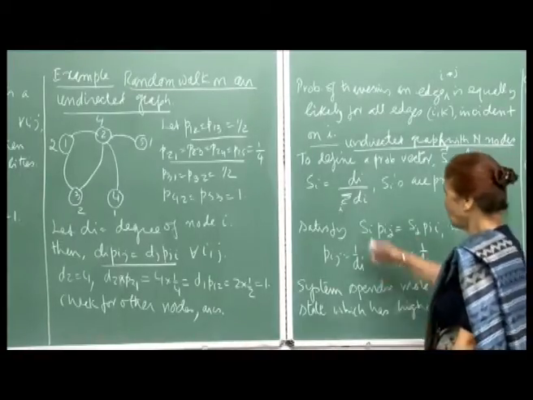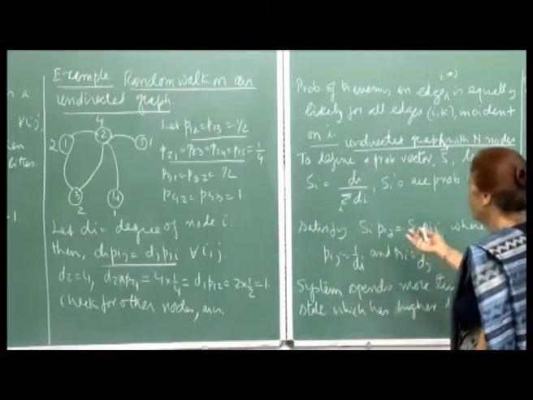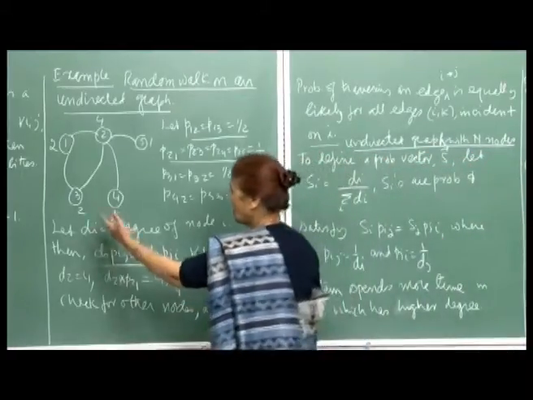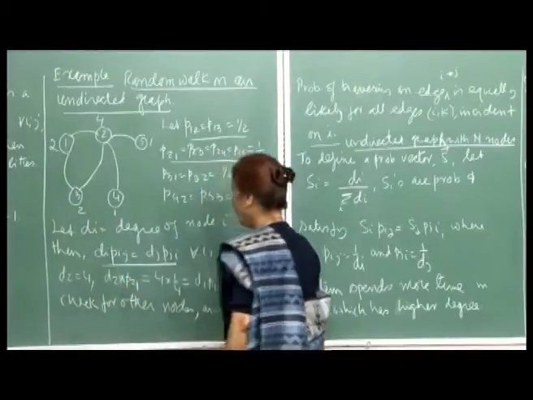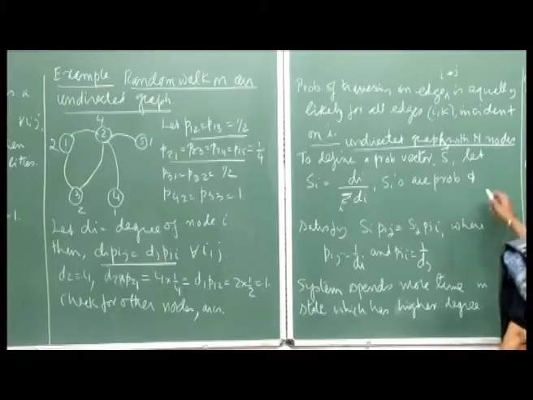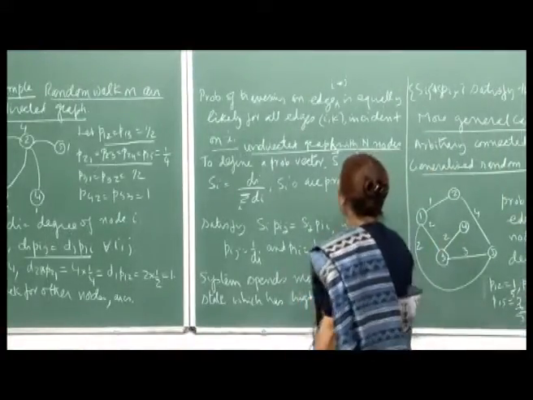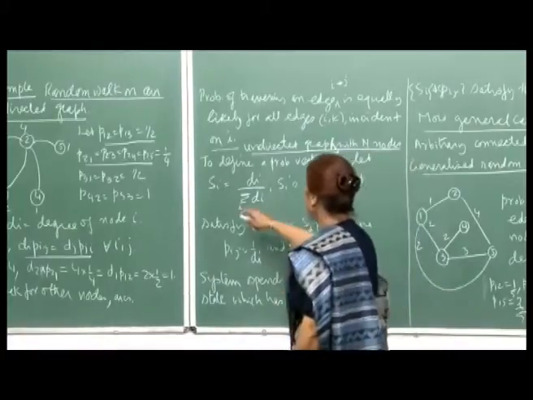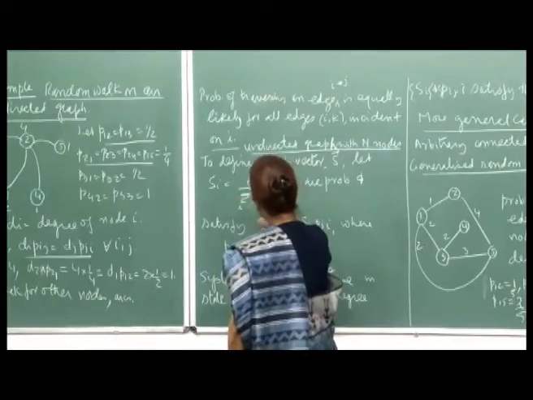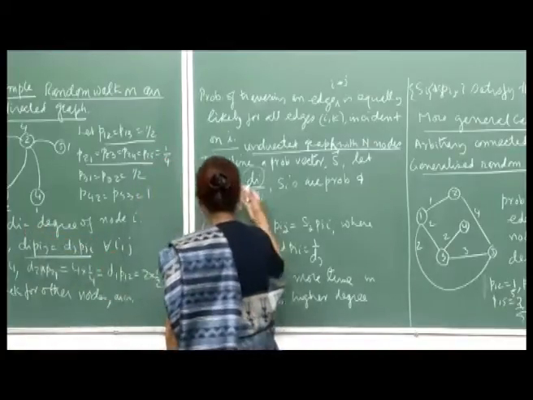Now, let me generalize this discussion, and I will give you a process of writing down the corresponding state vector and how you define the transition probabilities. So, take an undirected graph with n nodes. Just take the general case, and we will define the probability vector S by saying that the ith component of the probability state vector is d_i upon sigma d_i. So, you take the degrees that we had defined here, and now we are just normalizing.